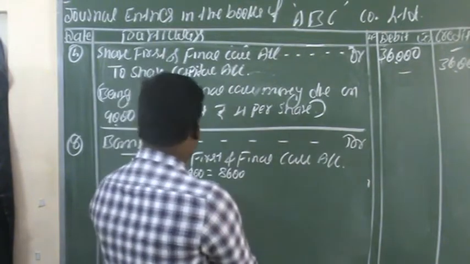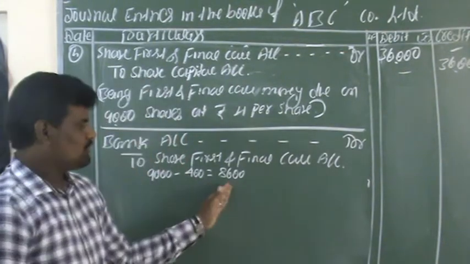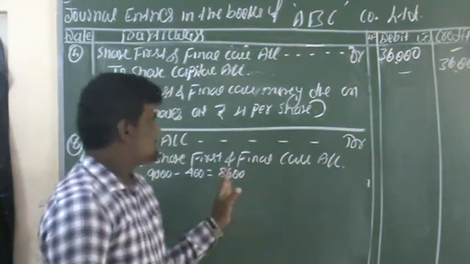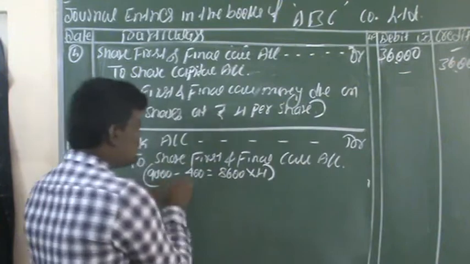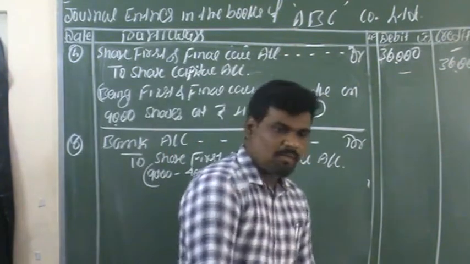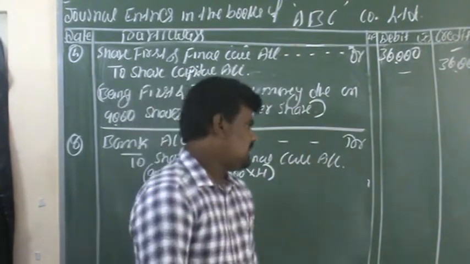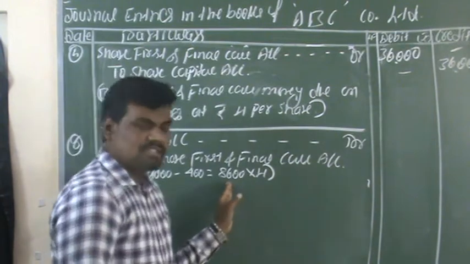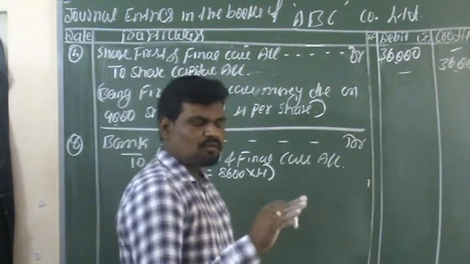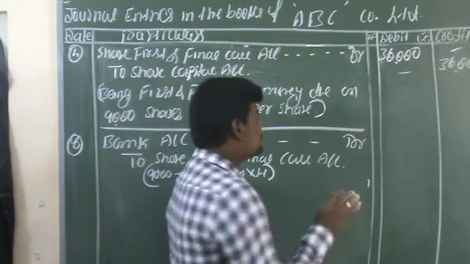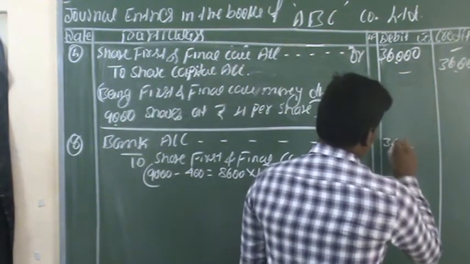So 9,000 shares minus 400 is 8,600. 8,600 into 4 per share, we are receiving at the time of the first and final call. Multiply 8,600 into 4 per share: 34,400 rupees only we are receiving.